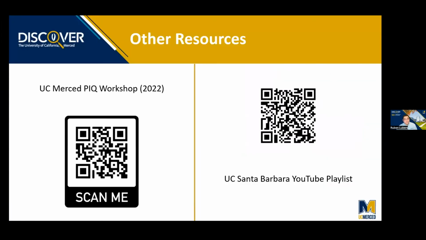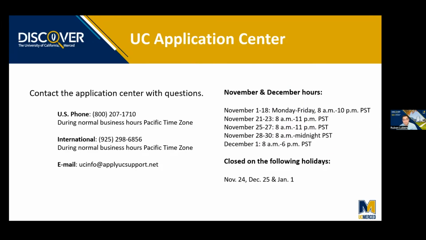So the most common GPA that campuses are using, including ours at Merced, is what we call the UC calculated A through G GPA. So that's the GPA calculated from the UC approved A through G courses, or if you're out of state, courses like history, math, and those other academic areas. But we'll calculate that ourselves.